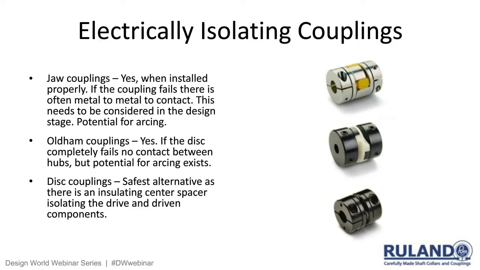And then disc type couplings: we do offer a double disc type coupling with a non-metallic center assembly to isolate the coupling hubs from one another. These are just some of the options if electrical isolation is an important component in your application.